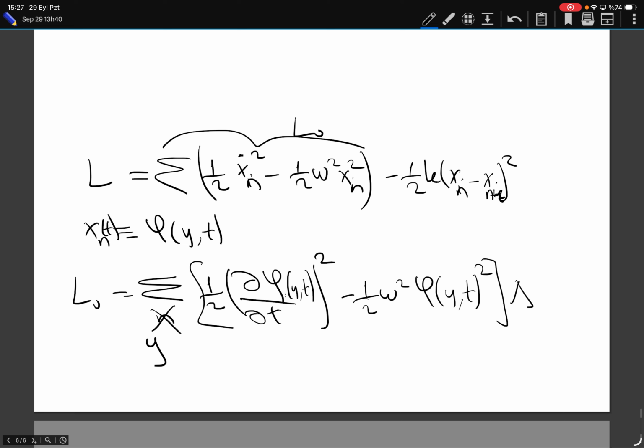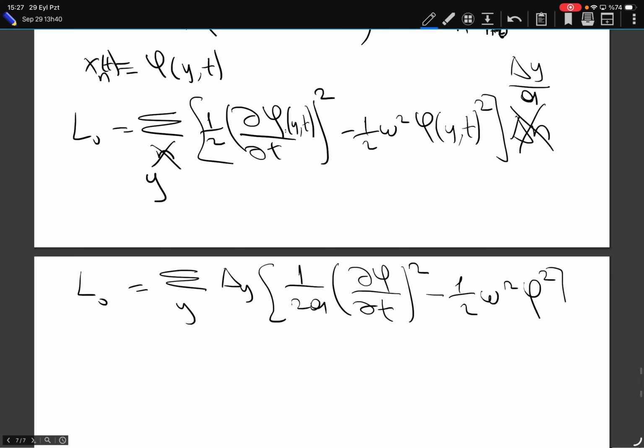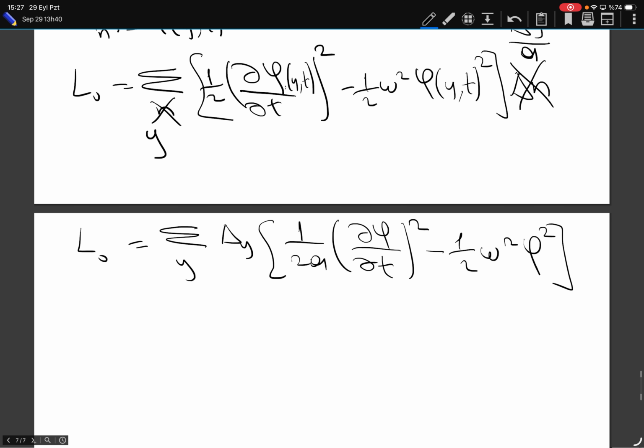So L0 is the sum over y of delta y, 1 over 2 del phi by del t squared, minus 1 over 2 omega squared phi squared. Let me put the a over there. So I have 1 over a dy.